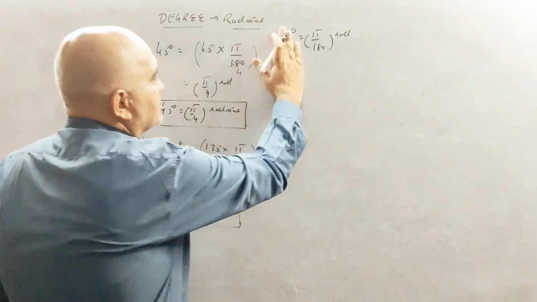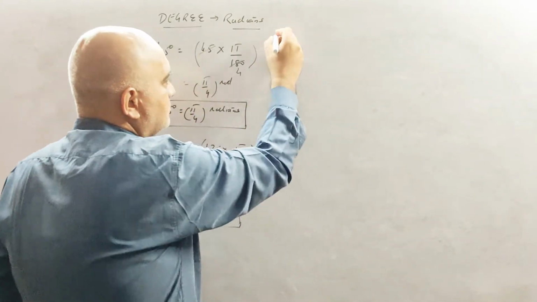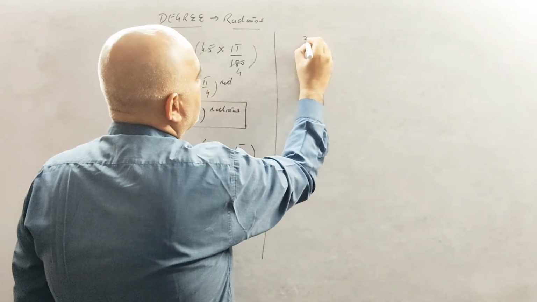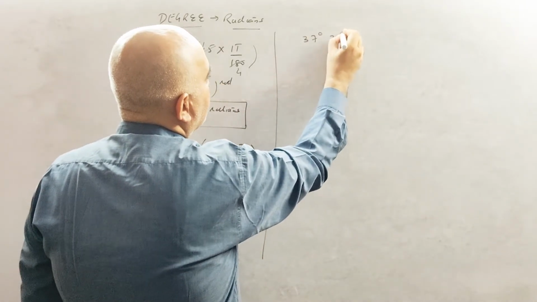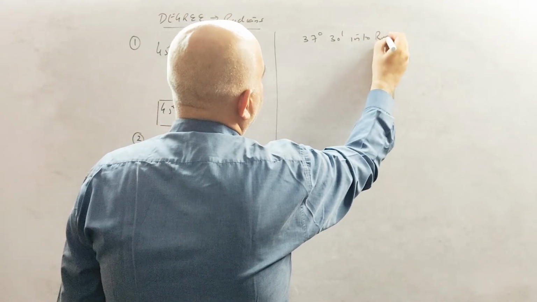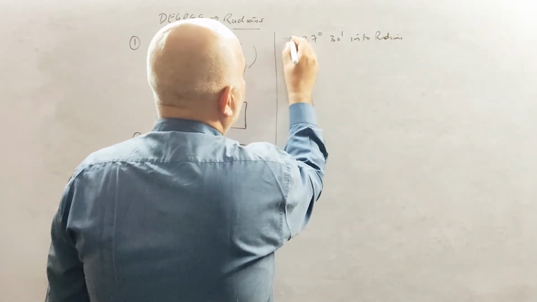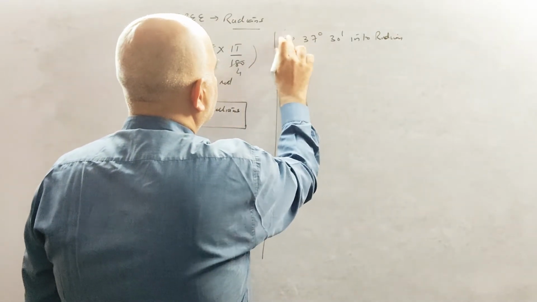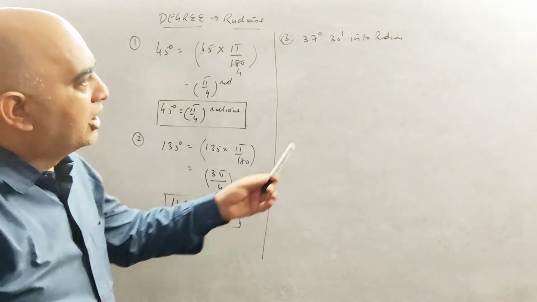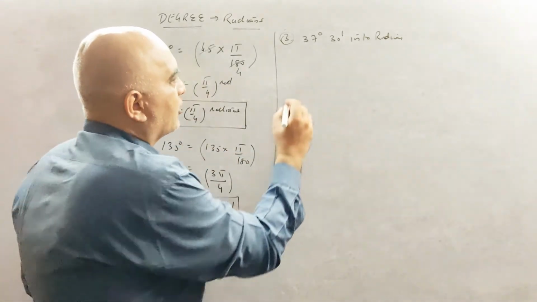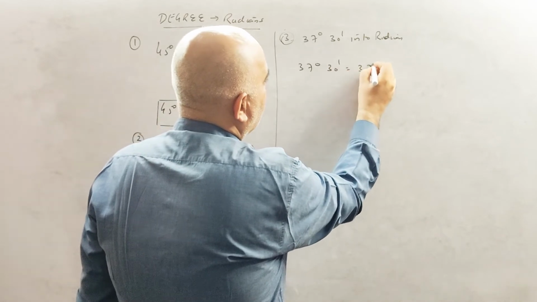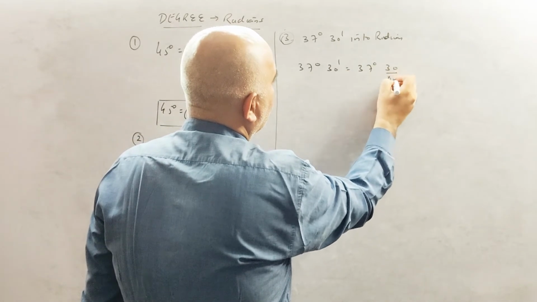But if the question is: convert 37 degrees 30 minutes into radians. This is our next question. How can we convert this 37 degrees 30 minutes into radians? First of all, we have to convert the 30 minutes into degrees.